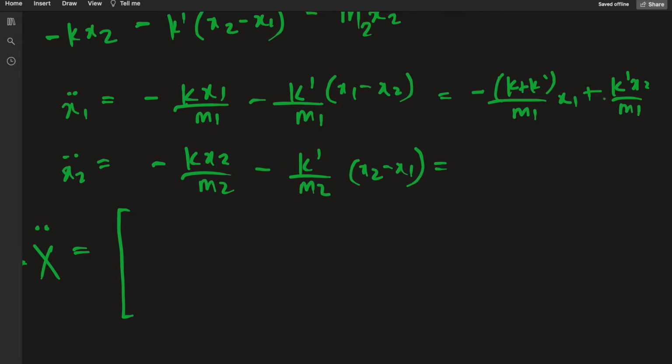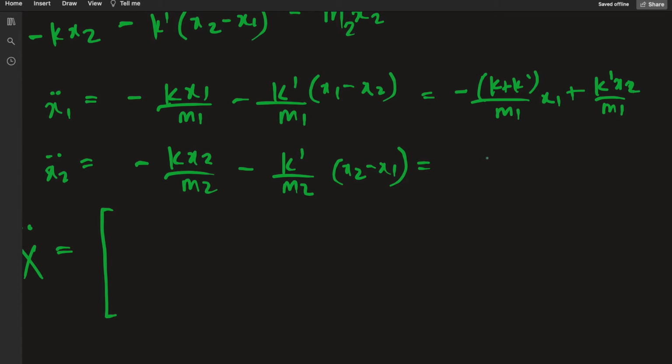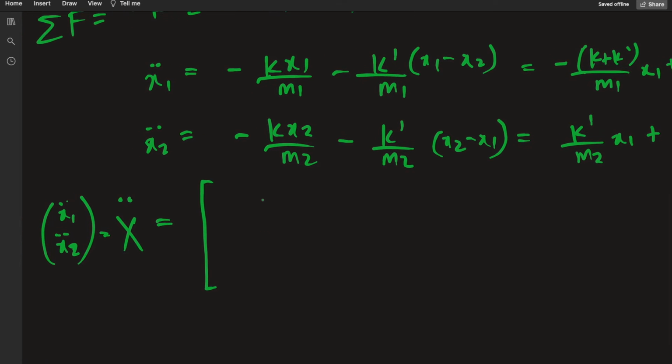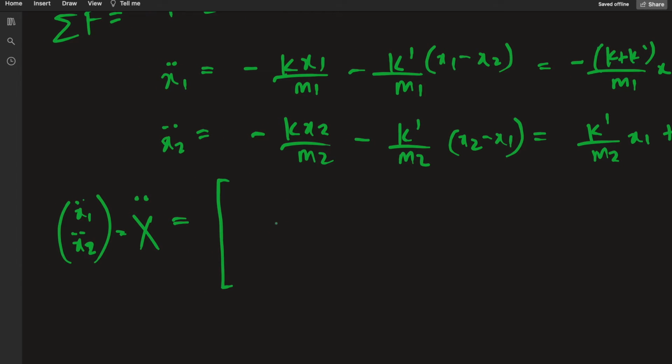I'm just isolating x1 and x2, and then here we'll get k prime over m2 x1 plus negative k plus k prime over m2 x2.